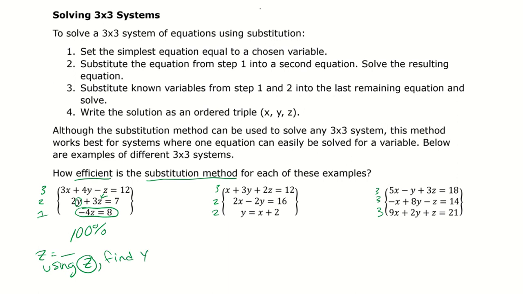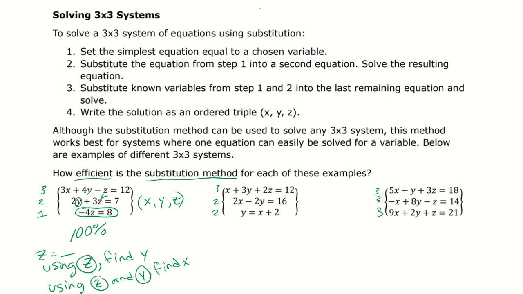And then after that, you're going to have z and y. So now using z and y, you can find x. So this is easily set up for you to find those values right away, 100%.